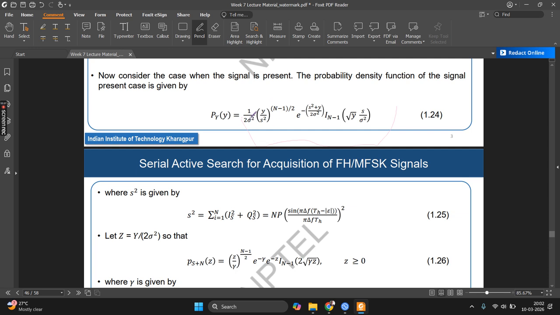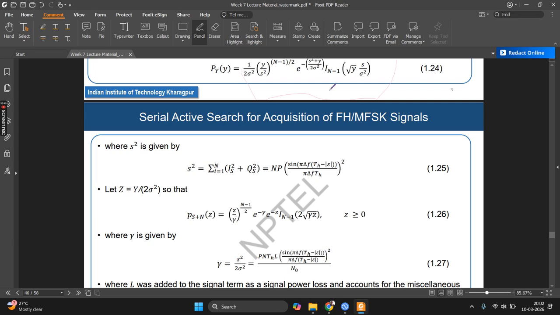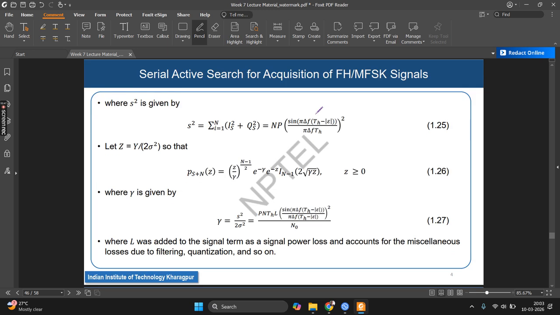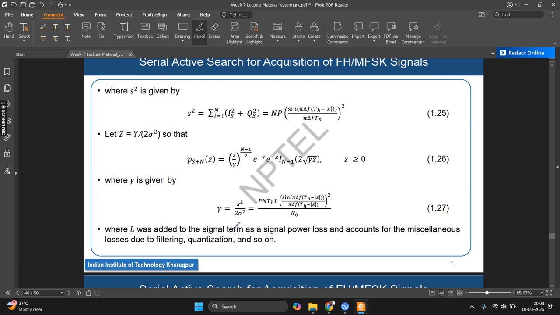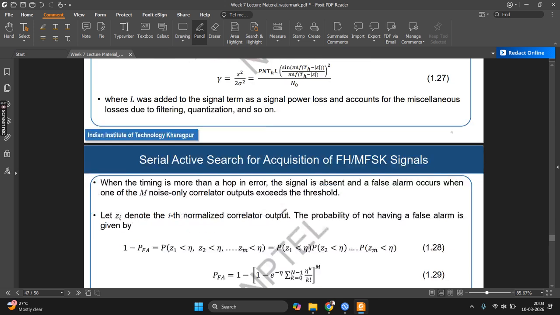So because the Gaussians are scaled by the signal, if you take a square, you will get something like this. Now these probability distribution derivations are not included here, so you don't have to bother with that. So finally, you get something like this, where when there is signal plus noise, it is e to the power gamma and e to the power z.